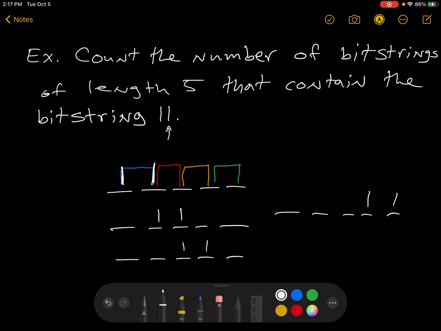So it's basically like we have 4 positions for the second one to go in. Choose one of them. So that's the idea.